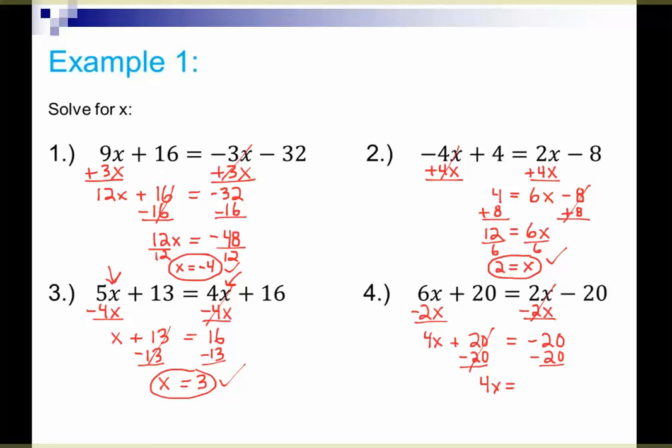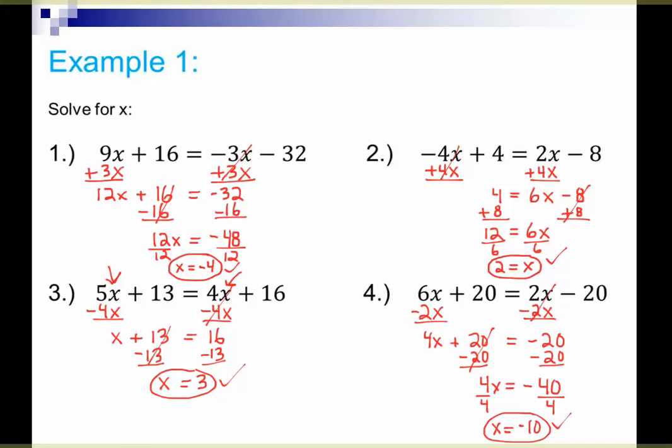Negative 20 minus 20. Is that going to be 0 or is that going to be negative 40? Well, let's get mugged twice. You lose 20, you lose 20, you've lost 40. Okay, 4x equals negative 40. We're going to divide by 4, and you should get x equals negative 10.